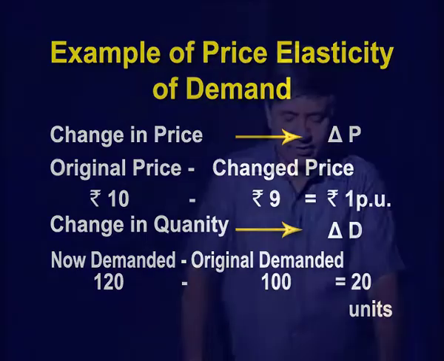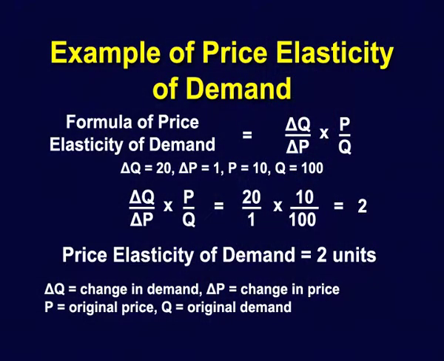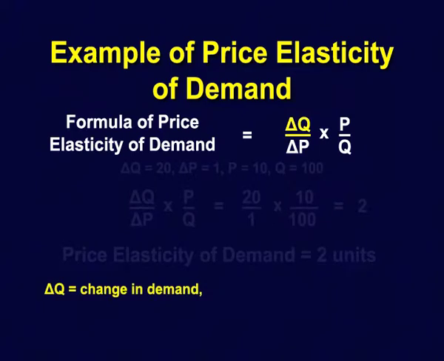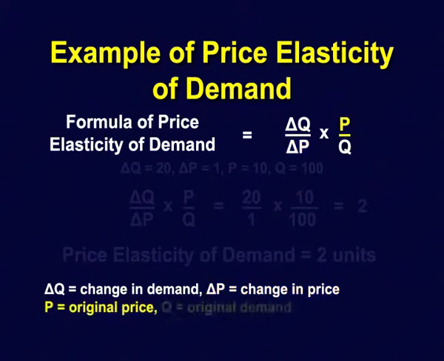So, then we make use of the formula of the elasticity of demand with respect to price, and the formula that we are making use of is delta Q upon delta P multiplied by P upon Q, where delta Q refers to change in demand, delta P refers to change in price, P refers to the original price, and Q refers to the original demand.